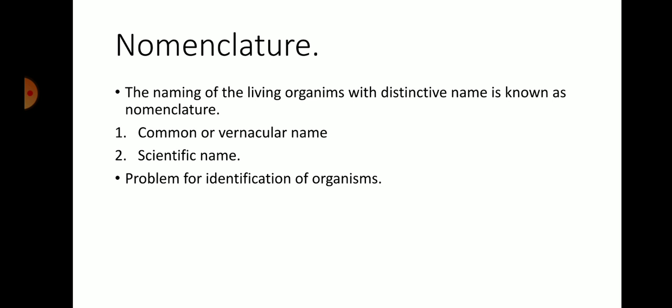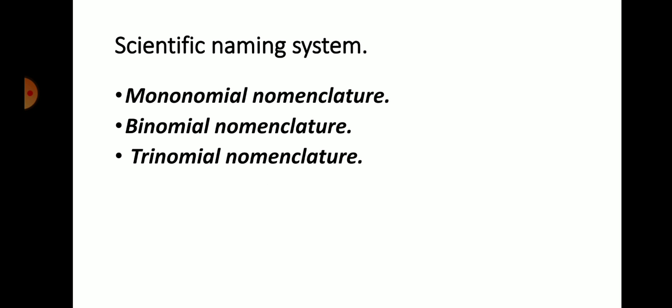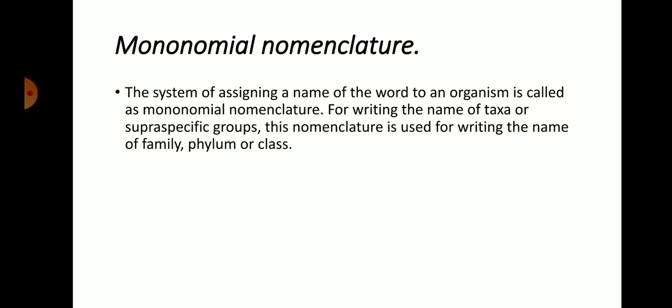Mostly nomenclature has three types of systems: mononomial nomenclature, binomial nomenclature, and trinomial nomenclature. Let's see what is meant by mononomial nomenclature. Mononomial nomenclature is a system of assigning a name of one word to an organism.